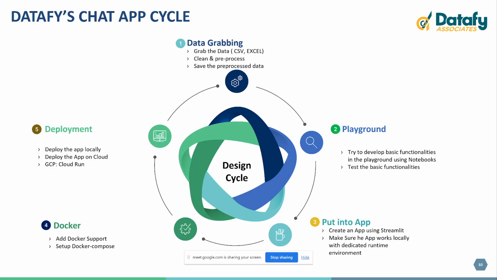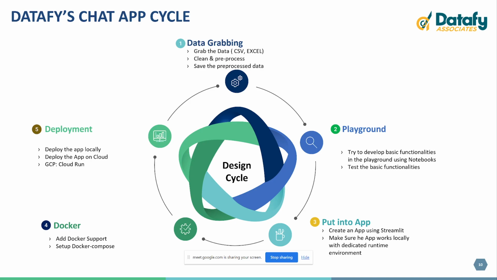So what does the chat app cycle look like? Let me quickly go through the cycle. The first thing is data grabbing. You have to have your structured data in the form of CSV, Excel, or any other format. And of course you have to do some pre-processing to clean the data, and get some understanding of what your data is about, because it will help you develop the application better.